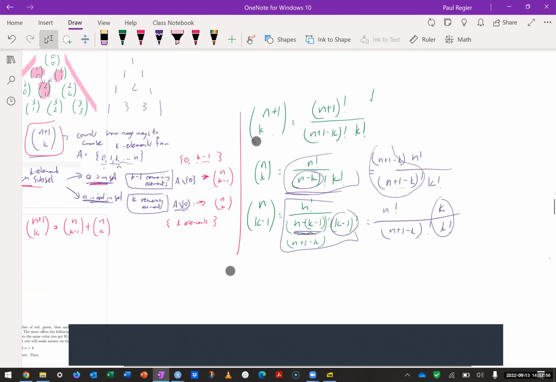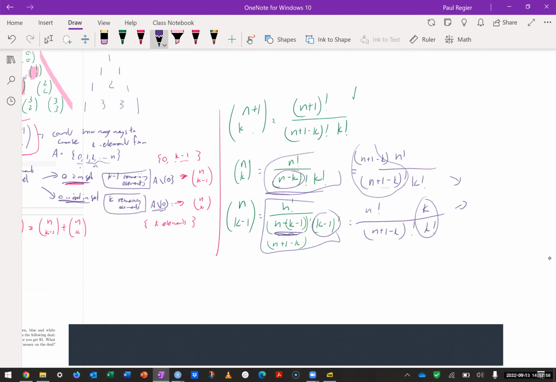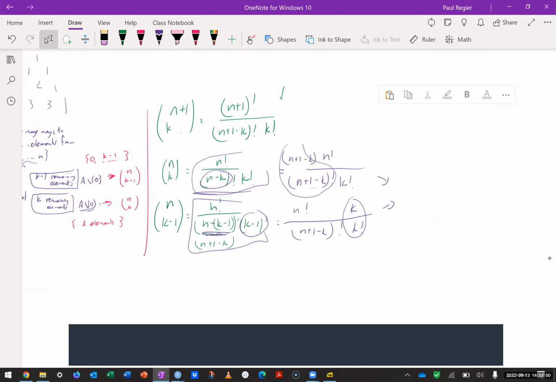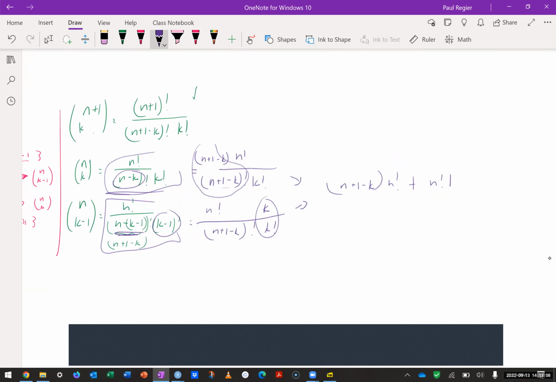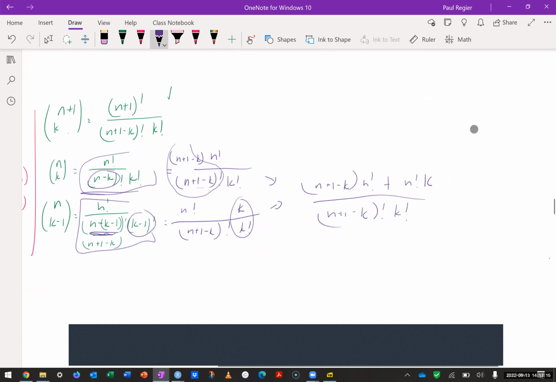Okay, now I have a common denominator and I can add these two together. And that gives me n plus 1 minus k times n factorial plus n factorial times k. If I distribute this in there, keeping that together, I get n plus 1 times n factorial minus n factorial k plus n factorial k.